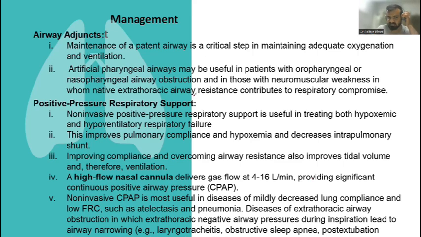Positive pressure ventilation can be given by high flow nasal cannula, but it devours a huge amount of O2 flow every minute. And you can give CPAP, and the presence of CPAP has revolutionized the treatment of ARDS, and CPAP is now routinely being given to patients with ARDS and even neonatal RDS.